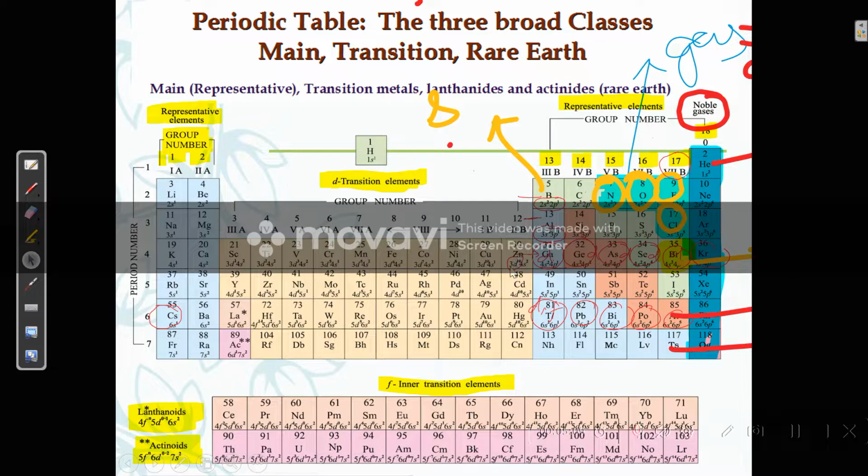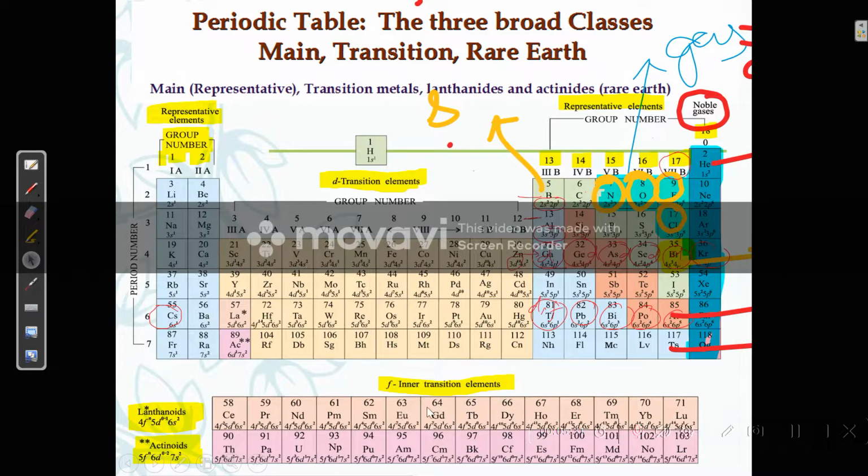Means zinc ground state में भी 3d10 है and oxidation state में भी 3d10 है. Means its d orbital is always fully filled. Okay, so this is the reason, in spite of d block element, zinc group, that is 12th group, that is zinc, cadmium, mercury, are not transition elements.